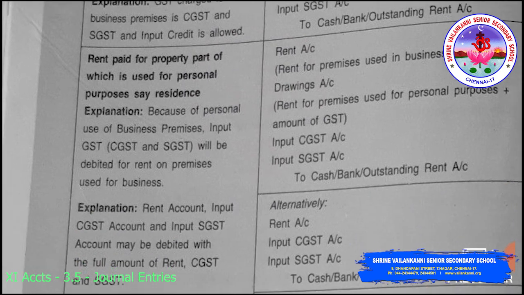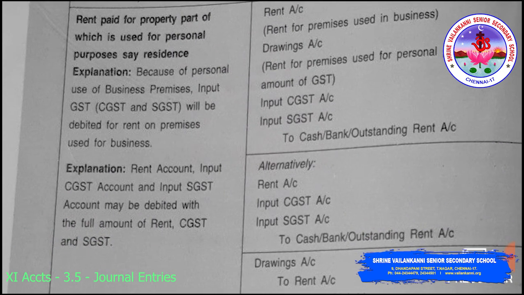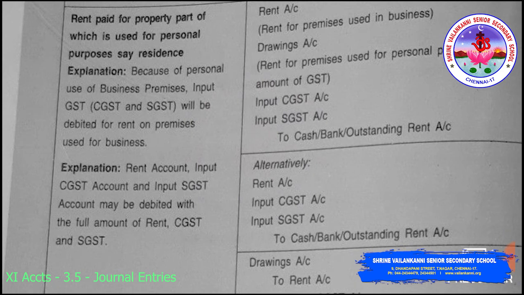If rent paid for property, part of which is used for personal purpose, say residence, if it is used for personal purpose, then it is called as drawings. So say, for example, 10,000 is the rent, first floor you are using it as residential purpose, ground floor you are using it as your office.